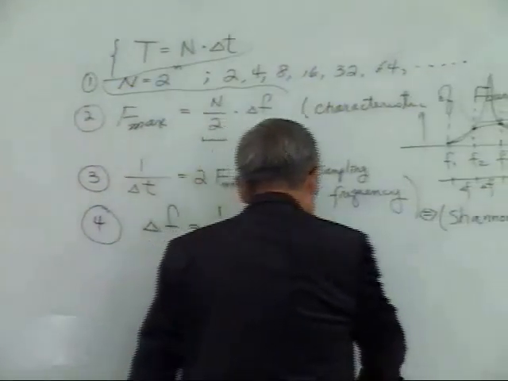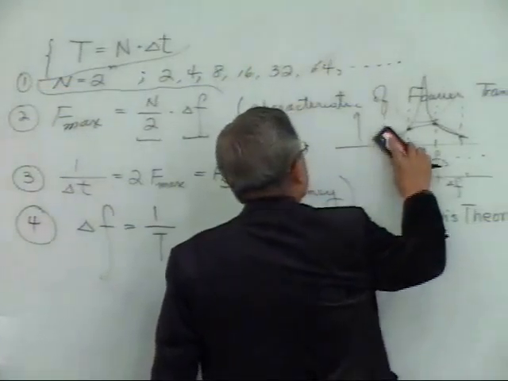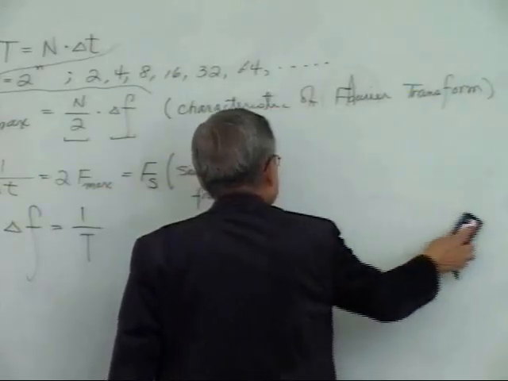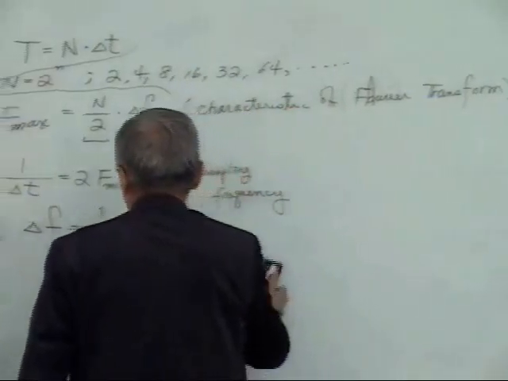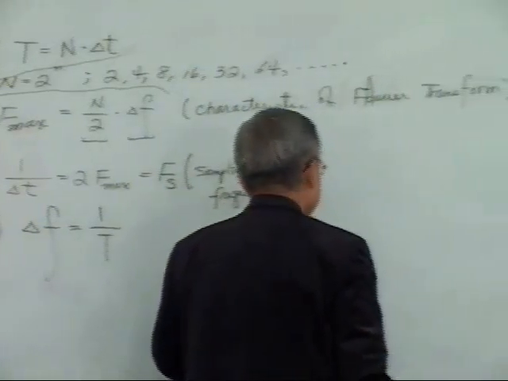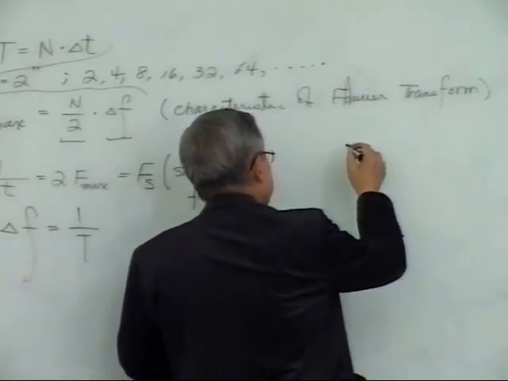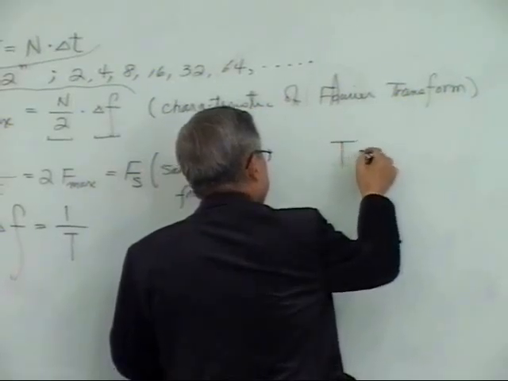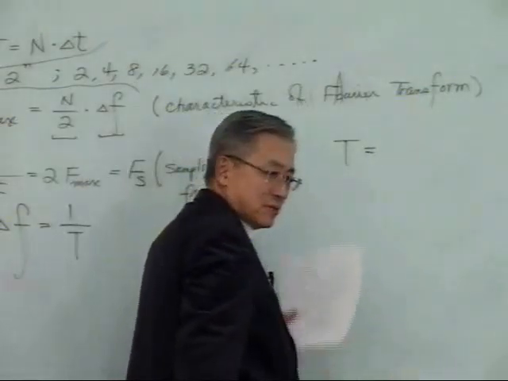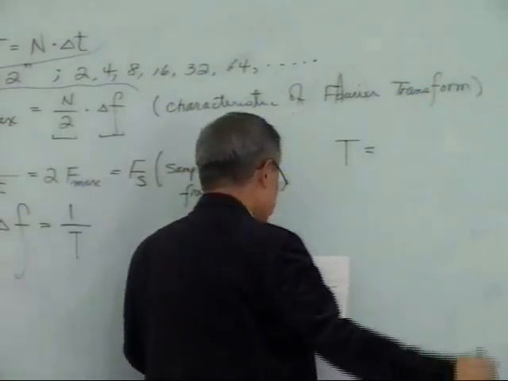As I give you, like this, T is equal to, this is all coming out of these 4 parameters.